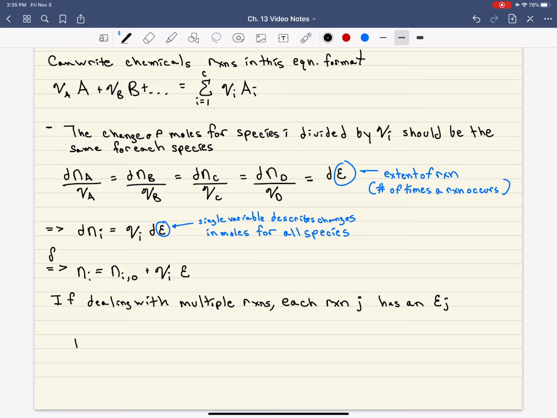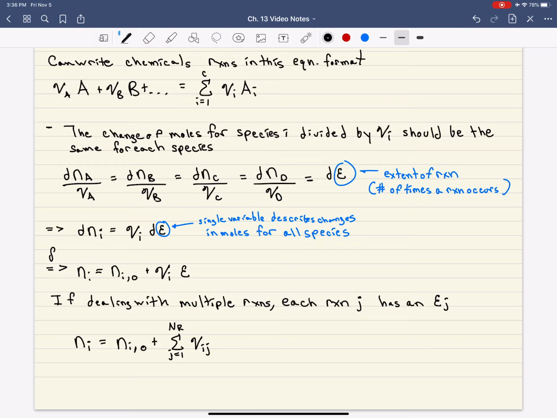And so for each species in the system, not just in each reaction, but for each species in the system, you would say that the number of moles of species i is going to be equal to Ni initial, or Ni naught, plus the sum from j equals 1 to the number of reactions in the system of nu ij d epsilon j.